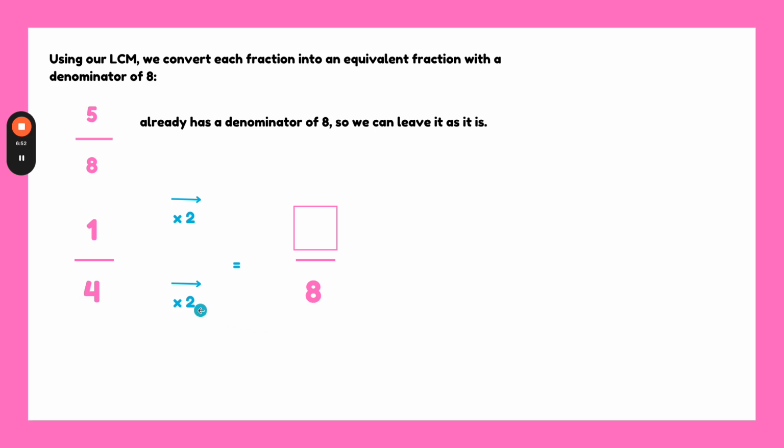If you remember from the video on equivalent fractions, whenever you convert a fraction into an equivalent one, any operation you do to the denominator, you must do to the numerator. So because we've multiplied 4 by 2 to get denominator 8, we multiply our numerator 1 by 2. 1 times 2 gives us 2.